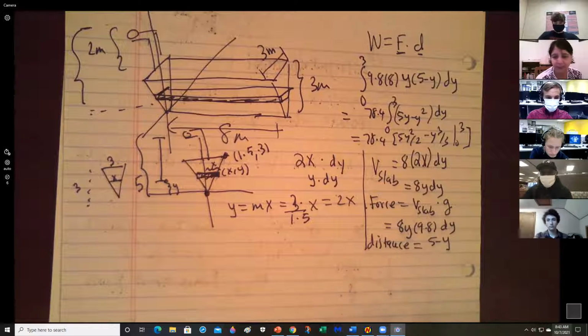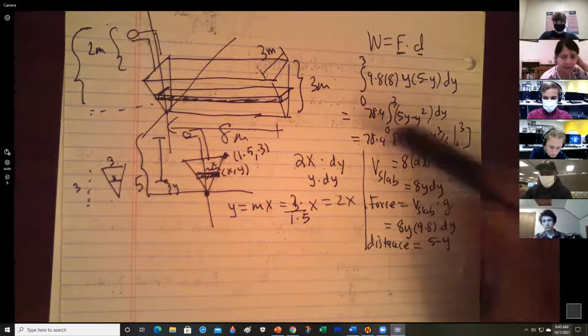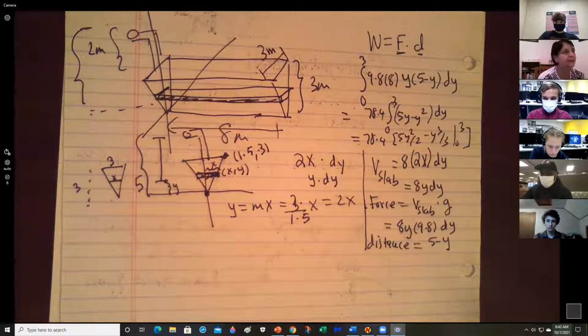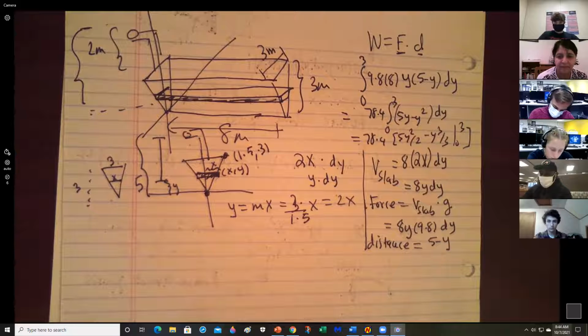Oh, that's 78.4. So that's the outside number. Give me the actual answer for the integration. Anyone?